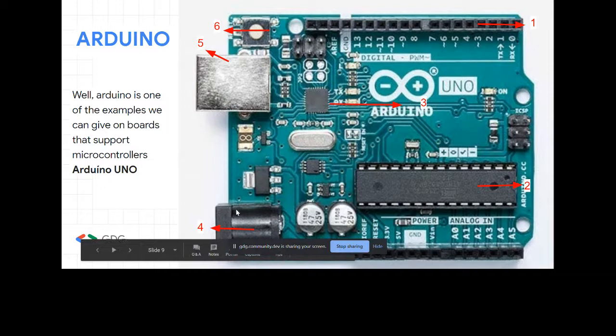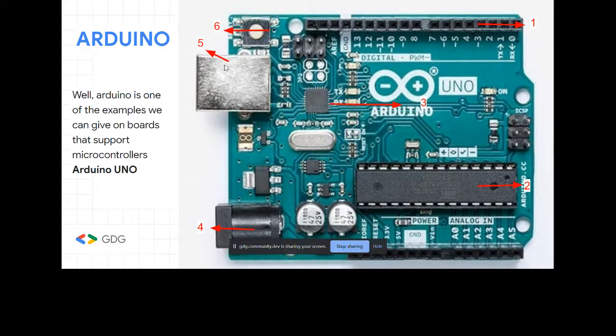This one, number 4, is the external power source in case we don't want to make a direct connection to our laptop for whatever reason. We can use this external power source. And then we have number 5, the USB entrance.